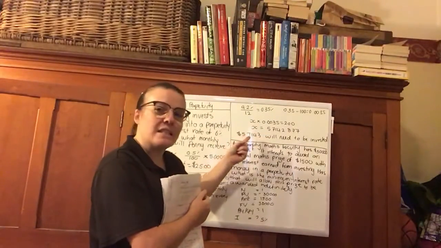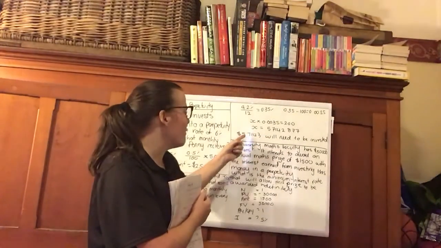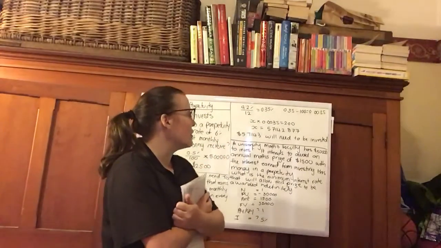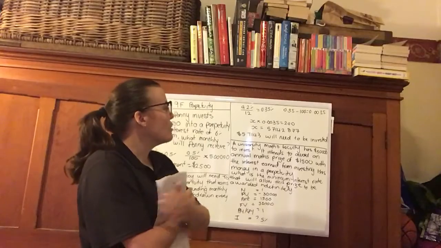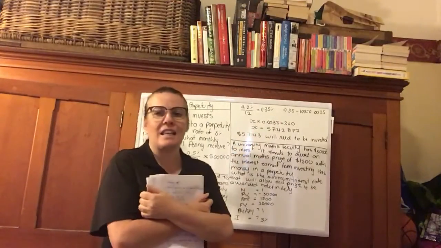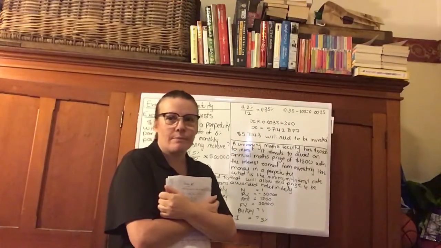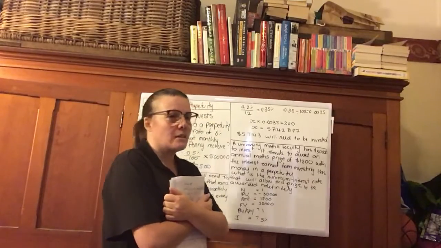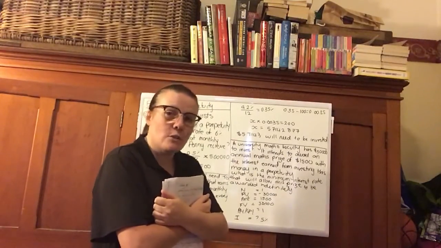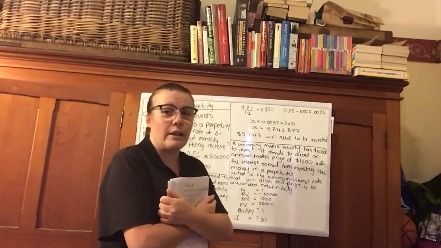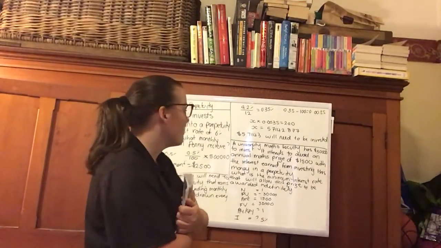So what we would need to say is that $57,143 needs to be invested to make sure we can get that $200. Okay? So again, it's a fairly straightforward calculation, and you do have the solve function available on your calculators.